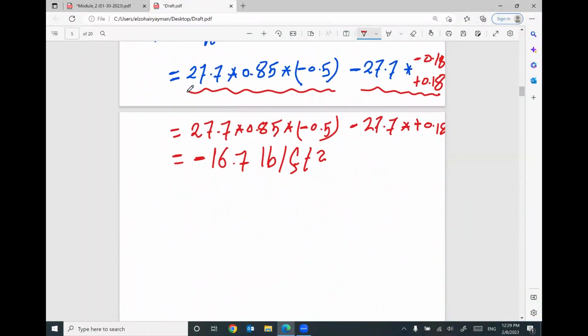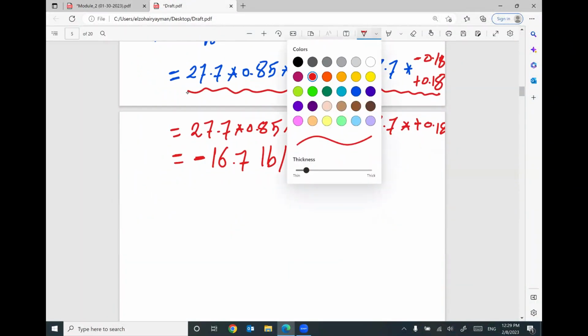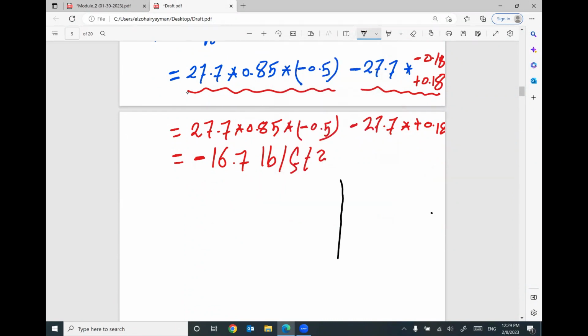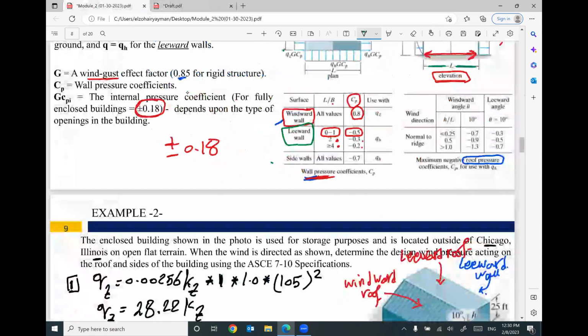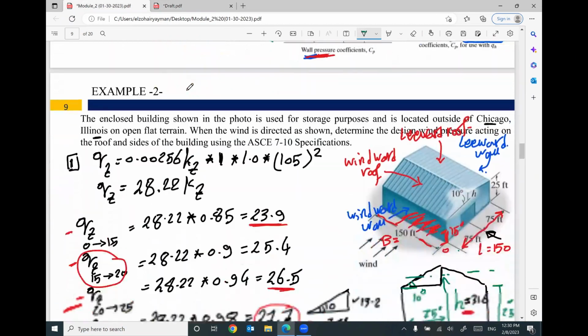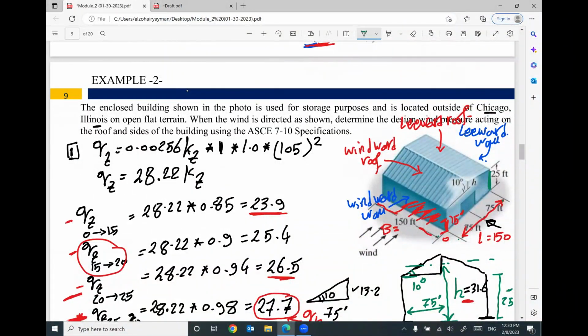If you would like, and I highly recommend, go ahead and draw this side of your house from 0 to 30. This is the highest, or 25, whatever, because your height here is 25. I'm talking about this side.